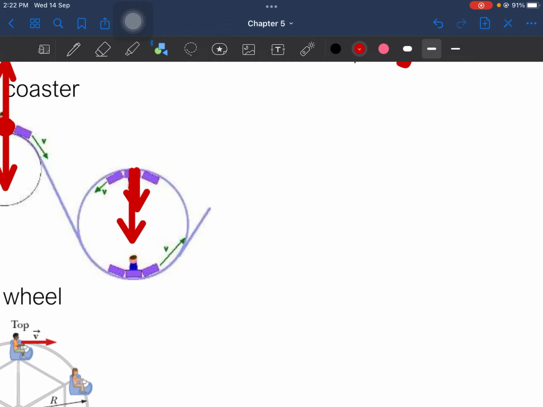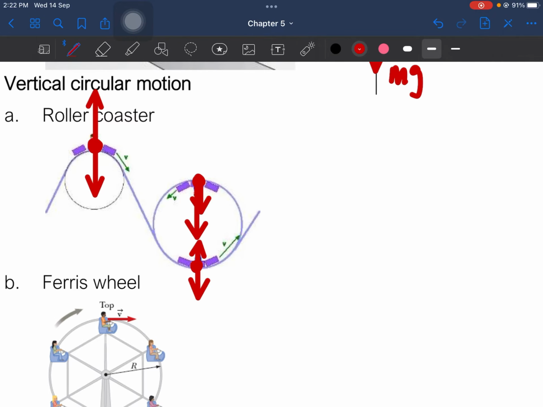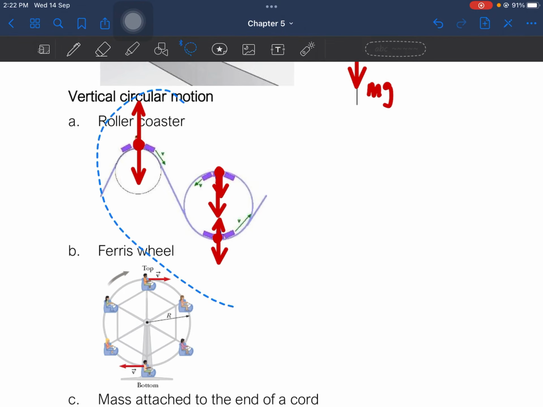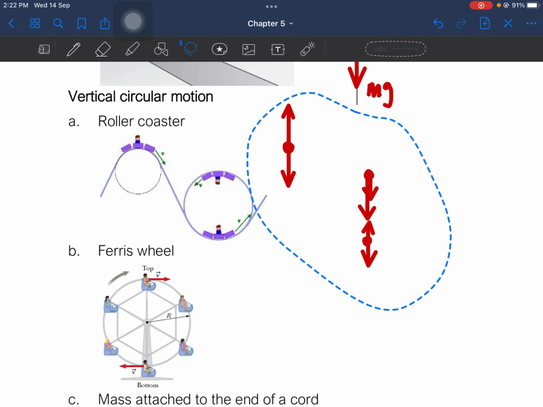Untuk yang this one pula, this is going up and going down. Macam ni lah. Okay, so macam tu, this is your object. Okay, so kita label. Let's label them.